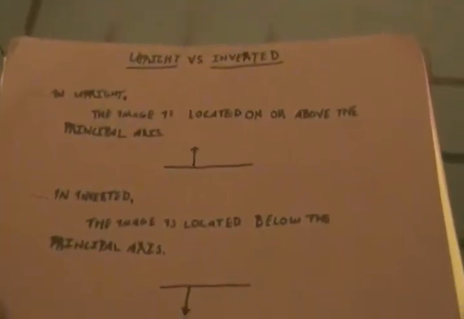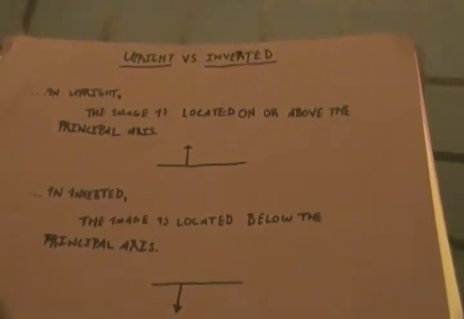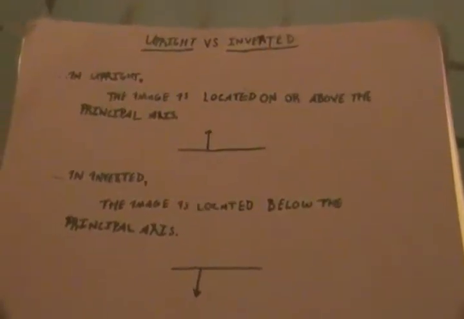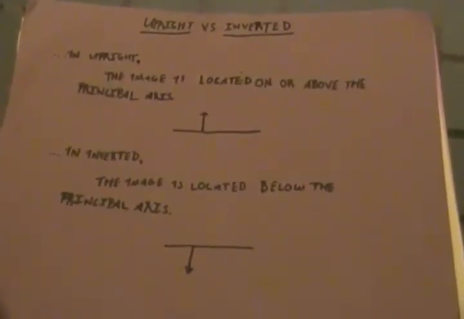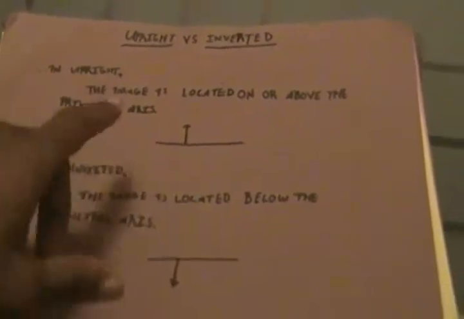Upright versus inverted. An image located above the principal axis is upright. When the image is located below the principal axis, that makes it inverted. We indicate this by an image being pointed up for upright and down for inverted.